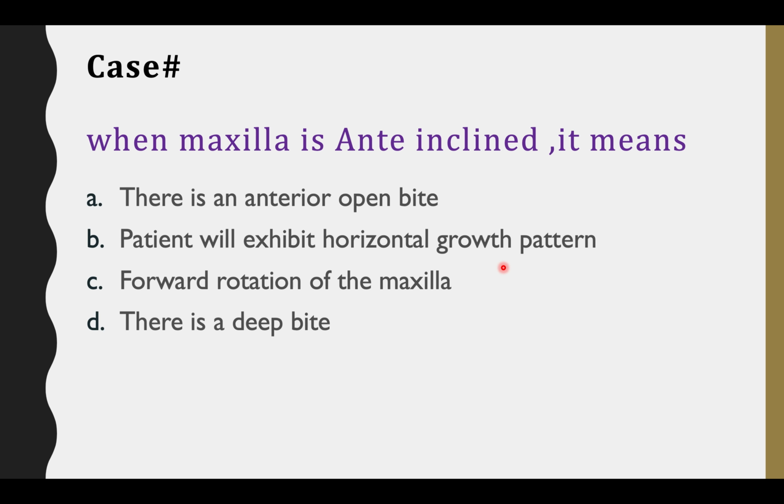Then they can be corrected only by surgical procedures, not through orthodontic or orthopedic procedures. So the best answer for this question is forward rotation of the maxilla, because only the condition that the maxilla is anti-inclined is given in the question, not other parameters to conclude an anterior open bite or a horizontal growth pattern.